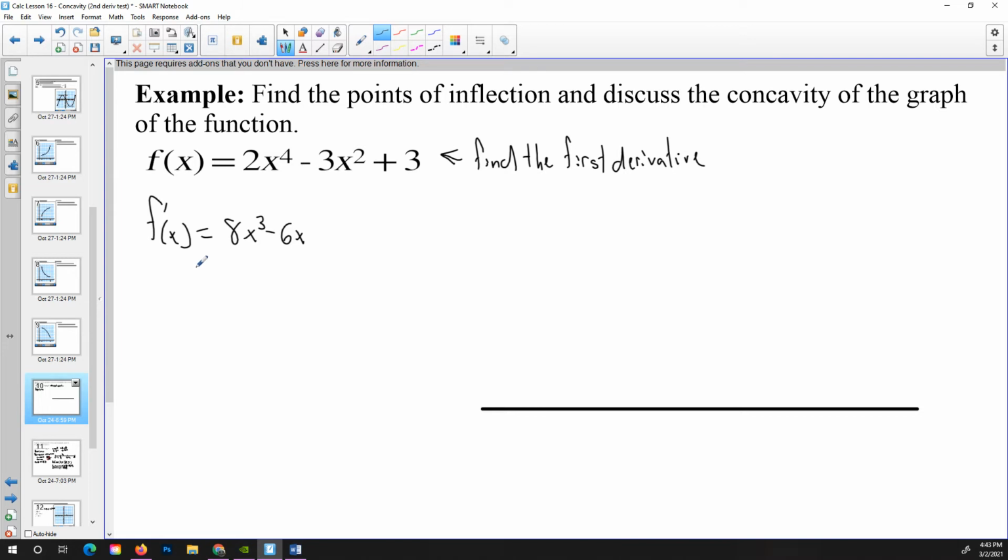Now, this is the first derivative, so it doesn't find concavity. It finds slopes of the tangent lines and whether a function is increasing or decreasing. So to get to concavity, we now need to find the second derivative.